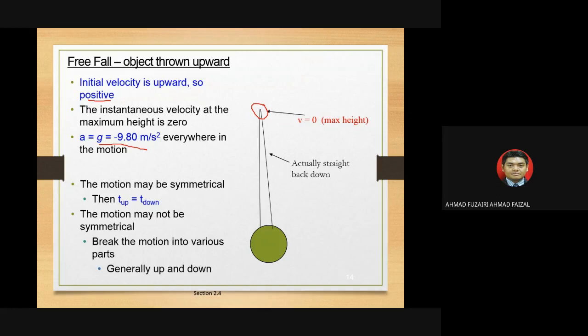This is an example of symmetrical motion, where the time to reach the maximum is equal to the time to return to the ground or to the initial point. There is also motion that is non-symmetrical. Later I will show one example of non-symmetrical motion.